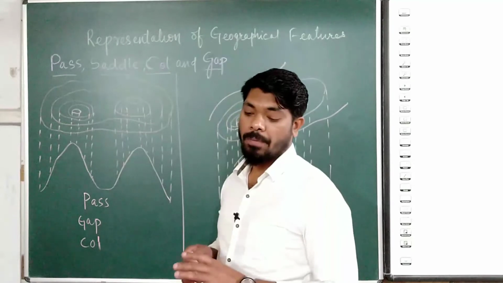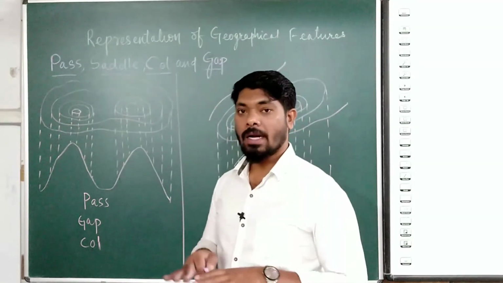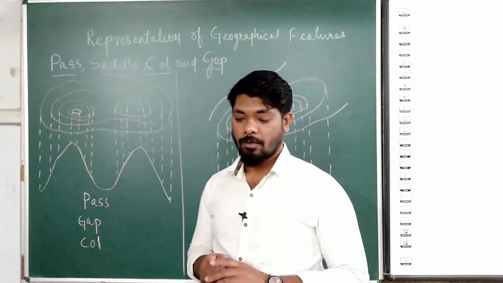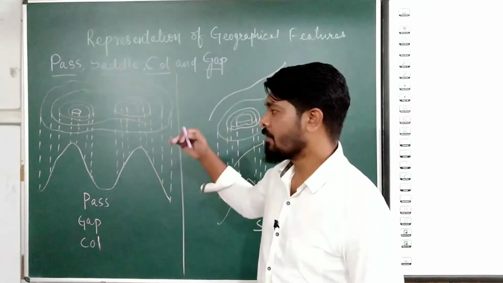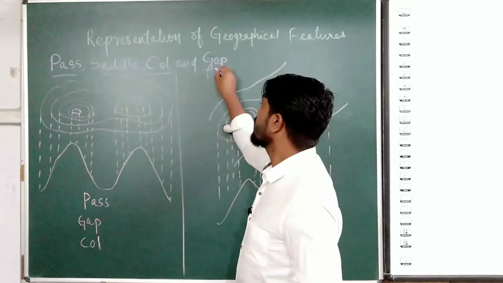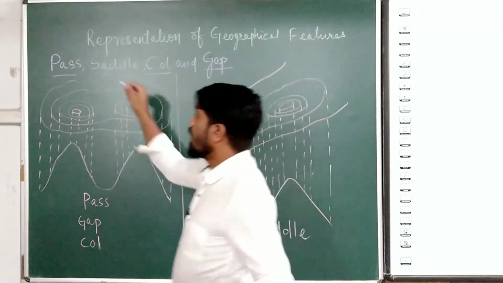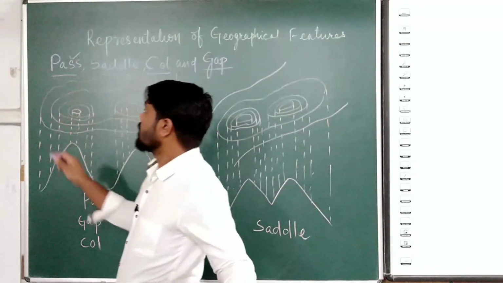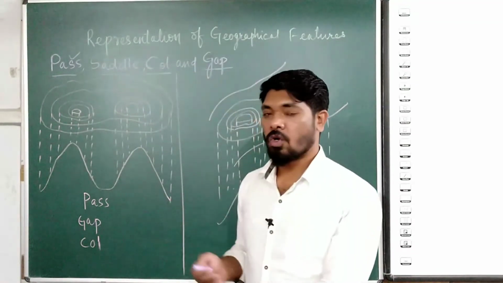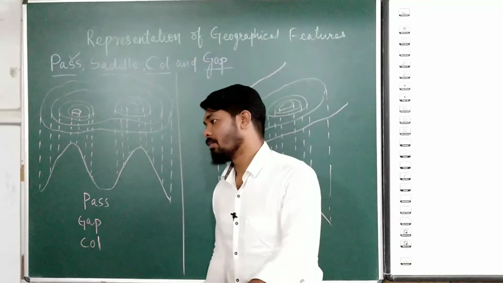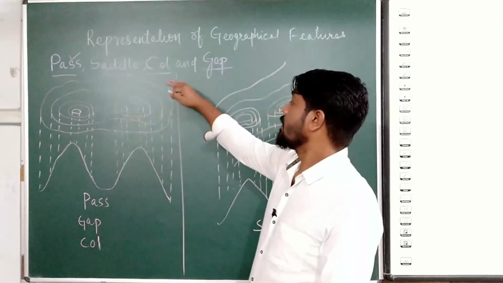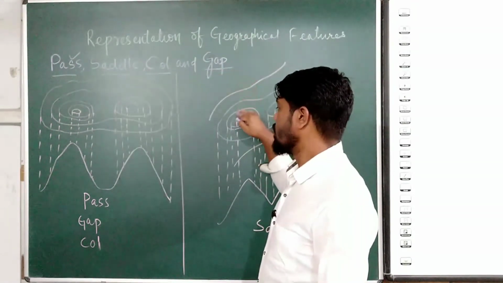On the ground a low depression is there, formed between a range of hills; that is known as a gap. But a pass is more accessible, meaning through a pass people can go from one place to another. It serves as the route between the mountains, and these are different relief features.